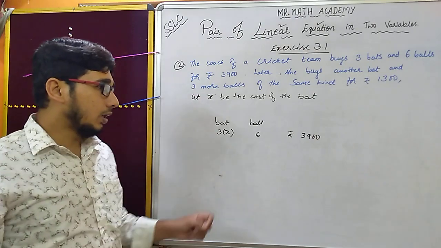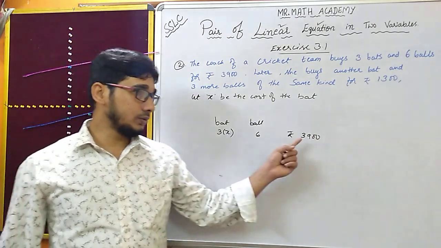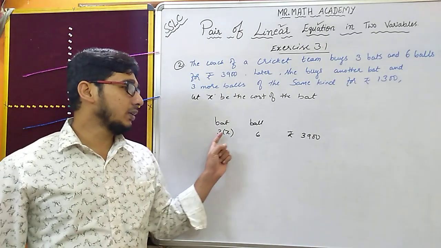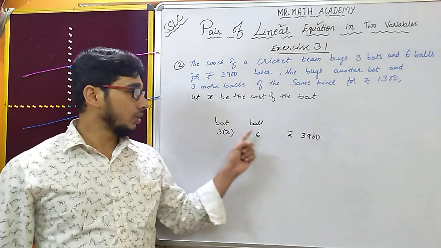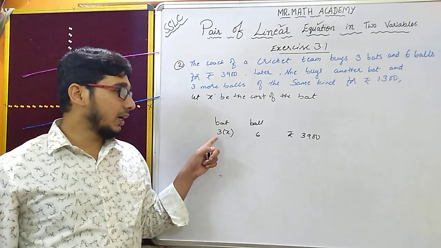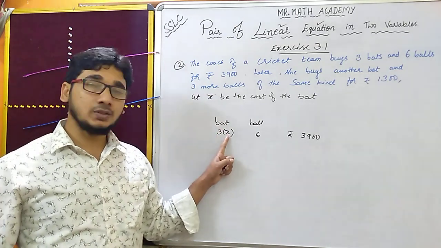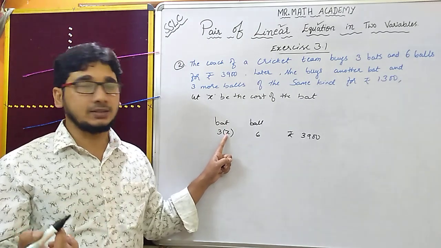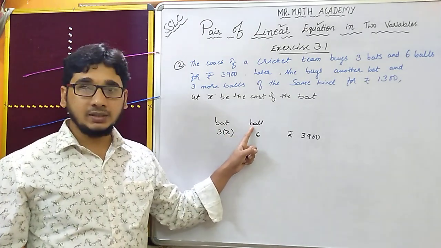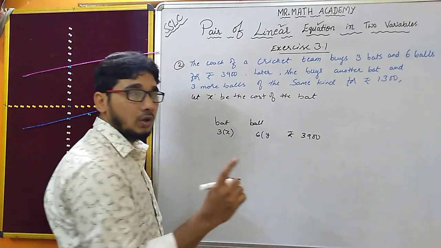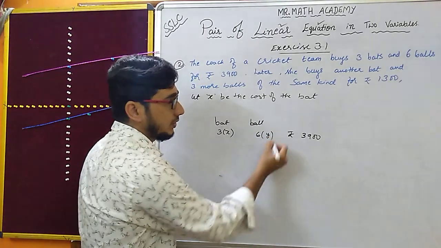Okay. Now, 3,900 rupees for 3 bats and 6 balls. The cost of 3 bats I don't know, but the cost of 1 bat I considered as rupees x, and the ball is there. For that cost, for 1 ball I will consider some y rupees.